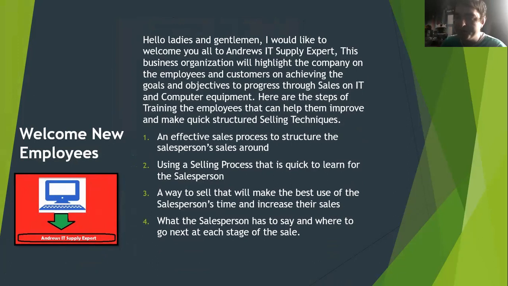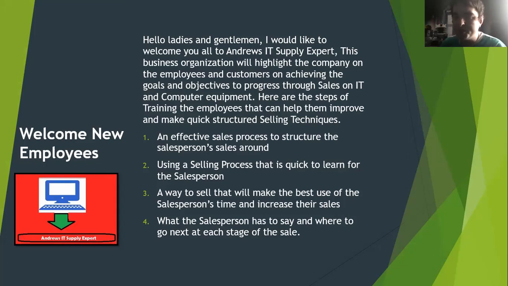Now, here are a few steps of training that can help the employees improve and make quick, structured selling techniques. Number 1 is an effective sales process to structure the salesperson's sales around the customers. Number 2 is using a selling process that is quick for the salesperson to learn while dealing with the customers and working with the customer personalities.